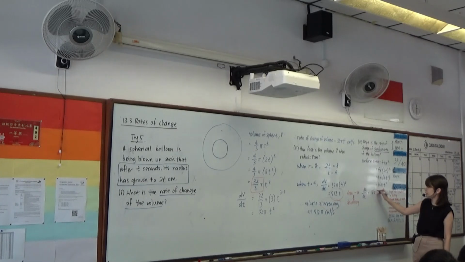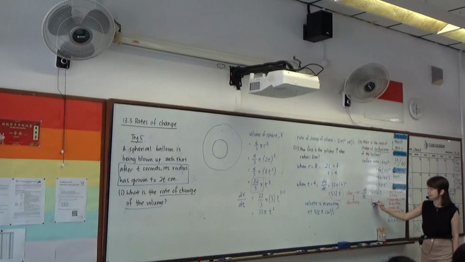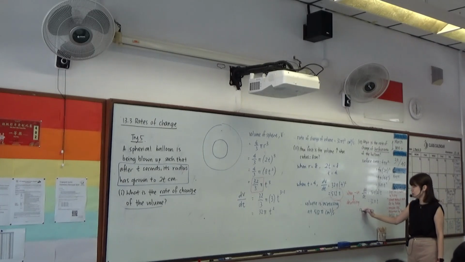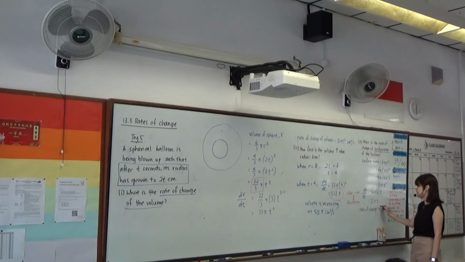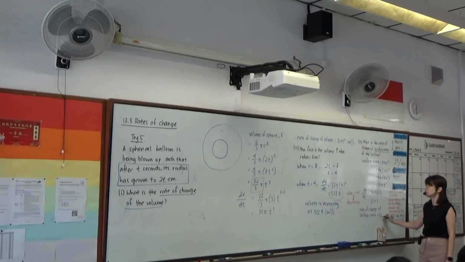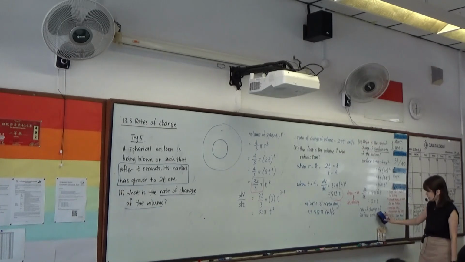So 16 pi times 2 times t, and the expression is 32 pi t. Therefore, the rate of change of surface area equals 32 pi t cm squared per second.